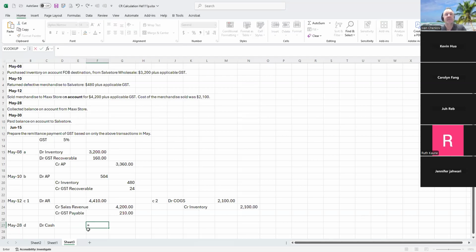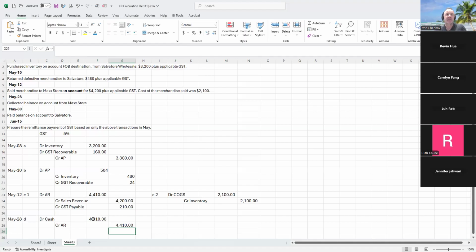How much? 4,200 or something else? 4,410. Otherwise, the client is not paying the GST, right? The credit will be accounts receivable. Since they paid us, we're not gonna chase them again for that accounts receivable.